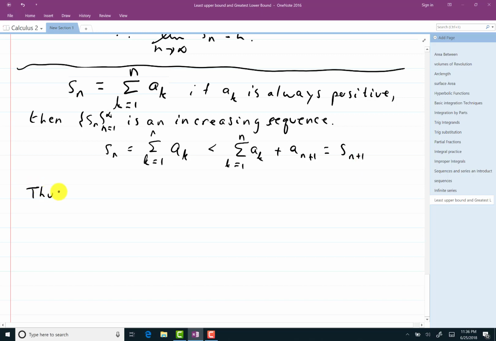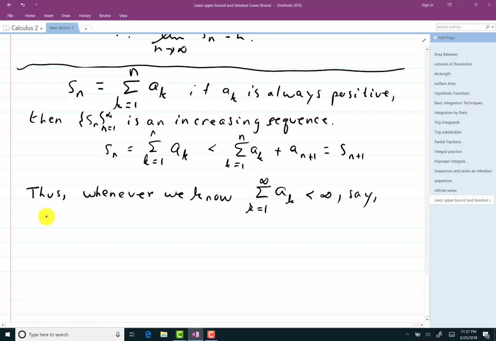Thus, whenever we know that the summation k equals 1 to infinity, say a sub k, is finite, that means that the S sub n's are going to be bounded by some number. So you could say, I don't know what it is. All I know is it's less than infinity.